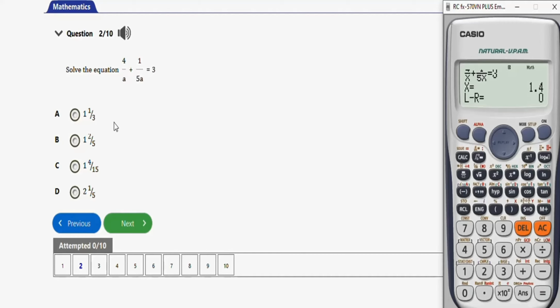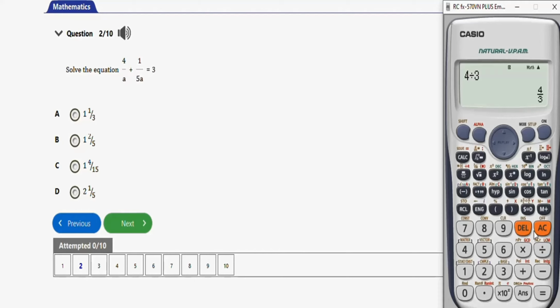1.4. So let's break this down now to see the option that gives us 1.4. Let's check the options. Option A is something else, putting it in improper fraction gives you 4 divided by 3.